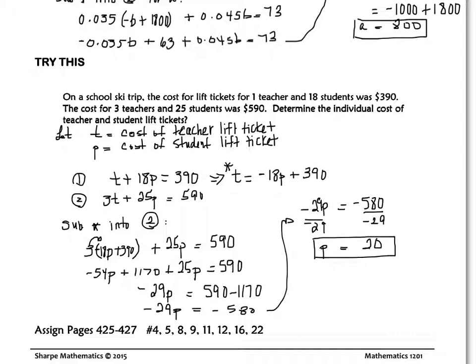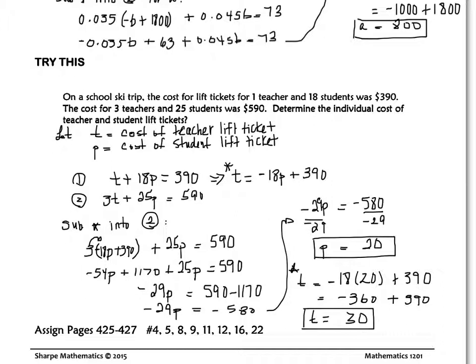So p is 20, and then for t, if we go back to our star equation, t is negative 18 times 20, the p value, plus 390, and that would be negative 360 plus 390, which would give you 30.